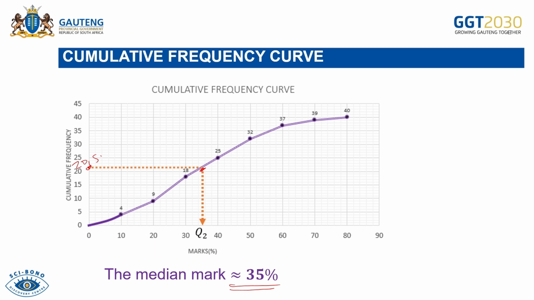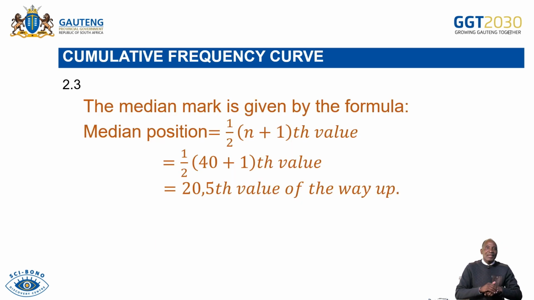Okay, so how do you determine the median mark when given a cumulative frequency curve or an ogive? You have to find the position first. By applying the formula half of n plus 1, all our positions will attract a plus 1. Total plus 1 divided by whatever you are looking for. If it's a quartile, a quarter of the way up, total plus 1 divided by 4.